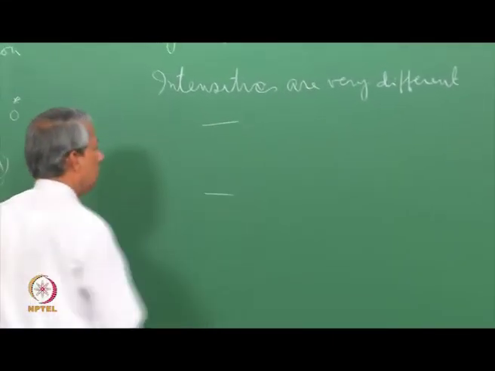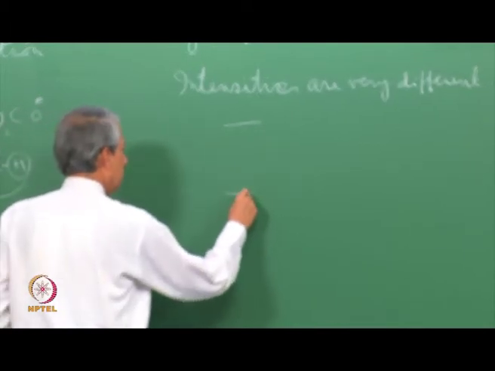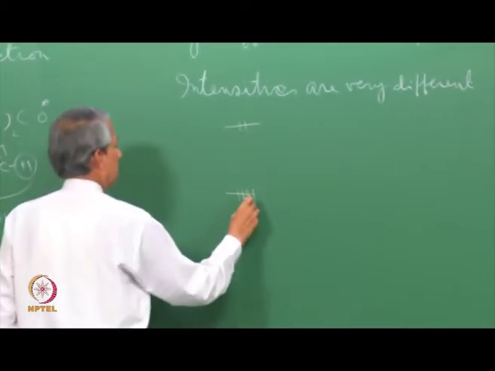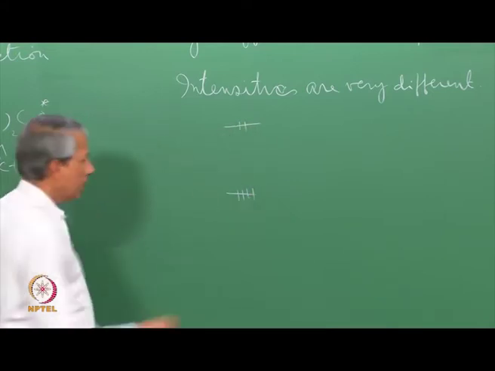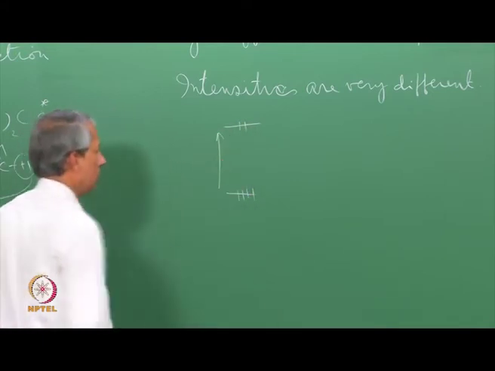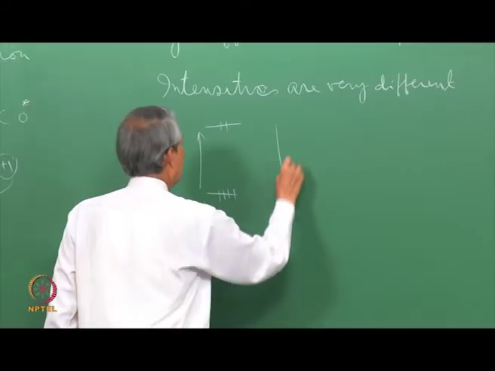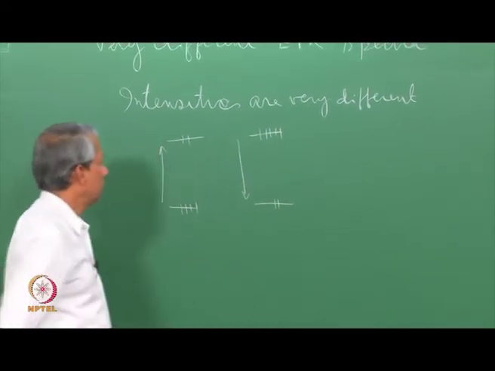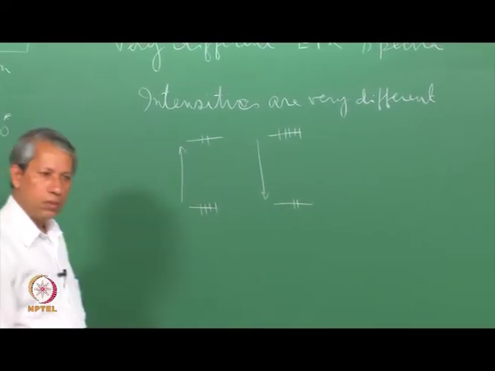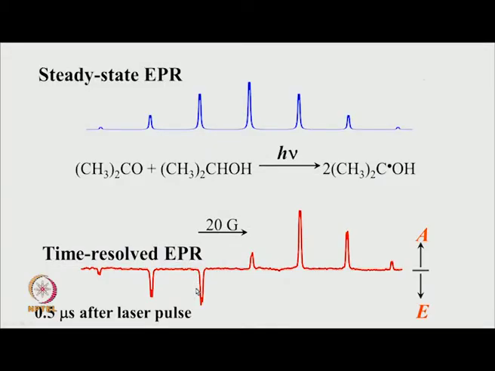because the normal distribution of spins in a pair of Zeeman levels will be more here and less here. So, we get a net absorptive signal of this kind. When you see an emissive signal which is going downwards, it means these levels are more populated than this one. That is the only way one can explain this observation.